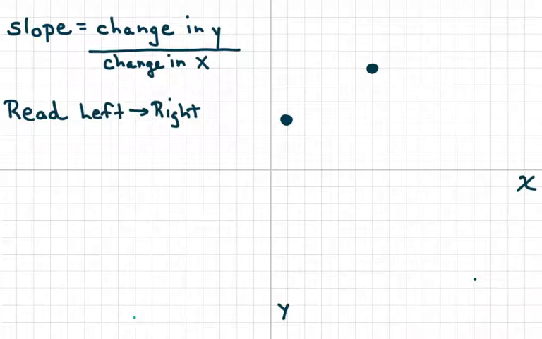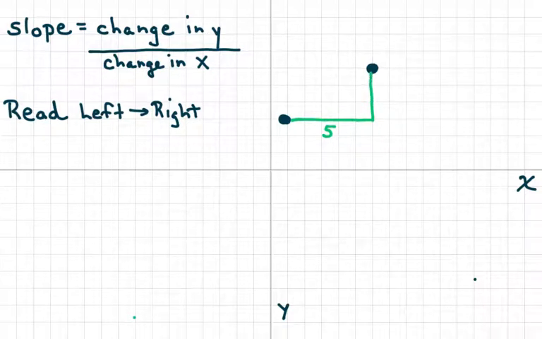And it doesn't matter whether I go horizontal and then up or up and then across. And we'll see how that works in just a second. So if I start here and say, how do I move to get to that next point? Well, it's 1, 2, 3, 4, 5 steps to the right and 1, 2, 3 steps up.